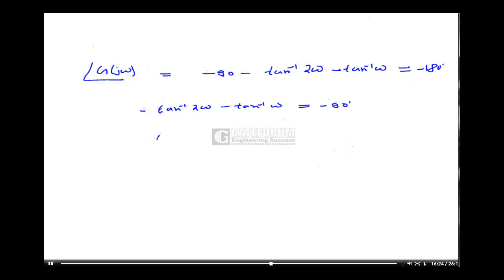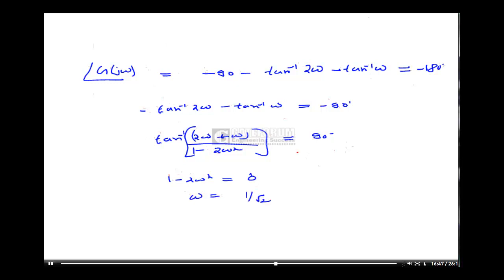Okay, so tan inverse of 2 omega plus omega upon 1 minus 2 omega square equal to 90 degree. This implies 1 minus 2 omega square equal to 0, implies omega equal to 1 by root 2, because 3 omega upon 1 minus 2 omega square equal to infinity. So thus omega equal to 1 by root 2.